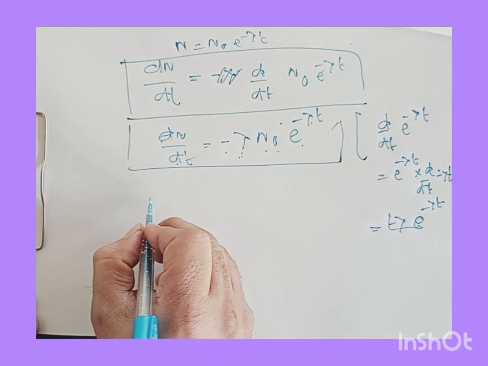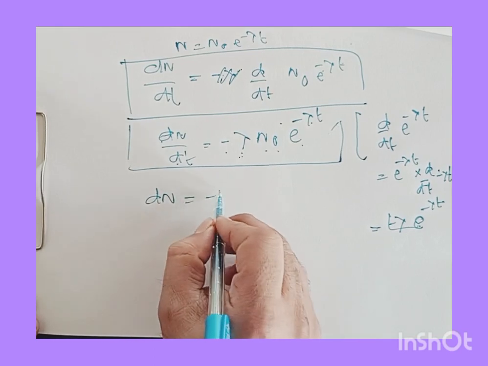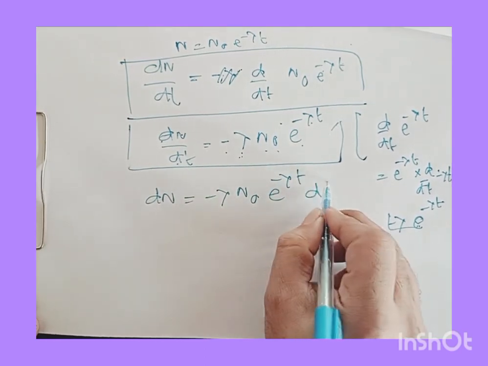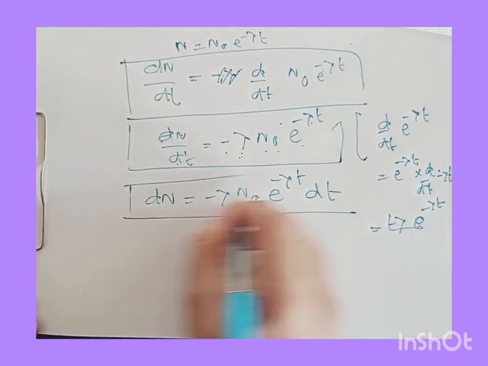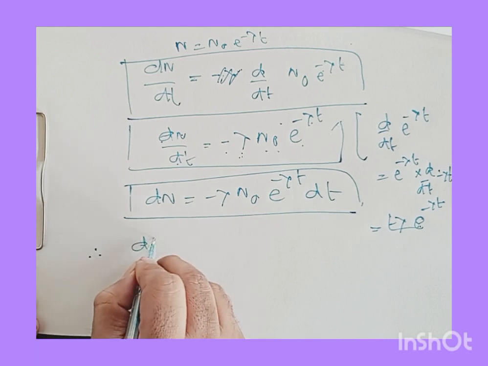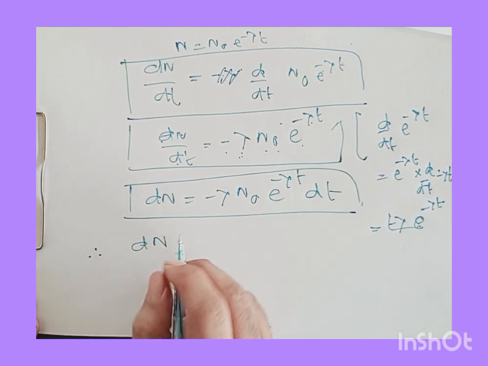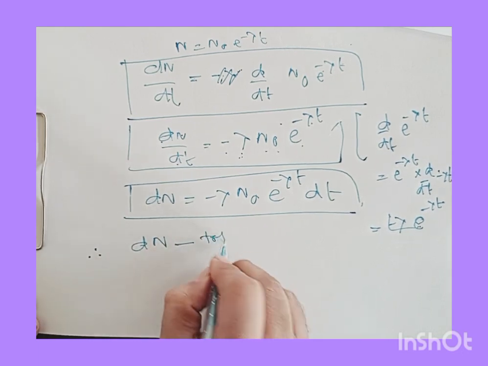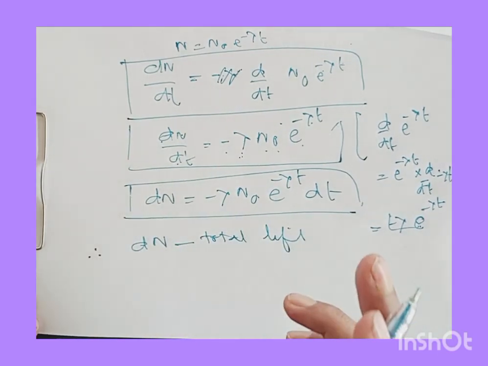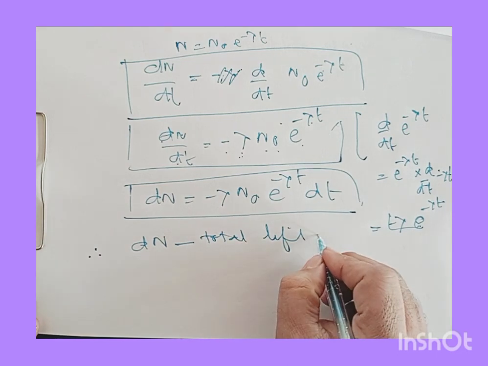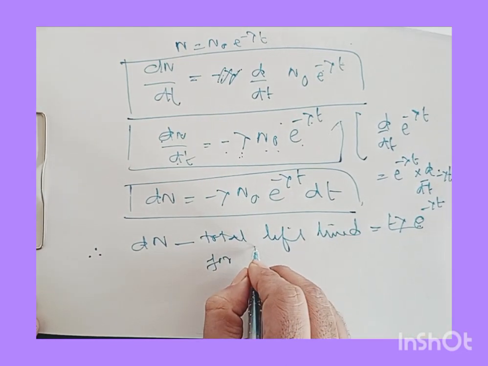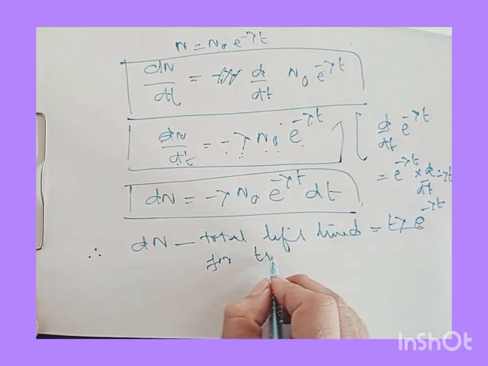If I write it like this, dN is minus lambda N naught e to the power of minus lambda t dt, and this dN is the total life lived for time t.